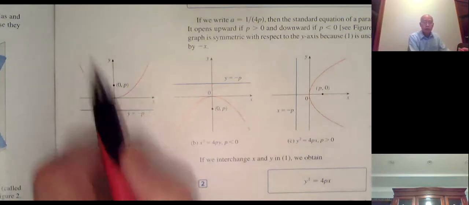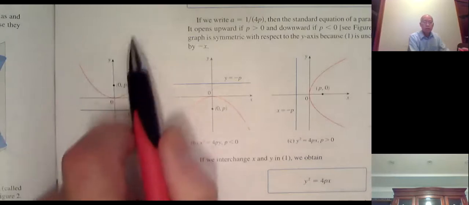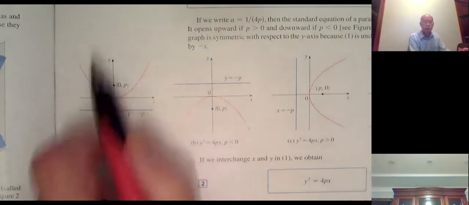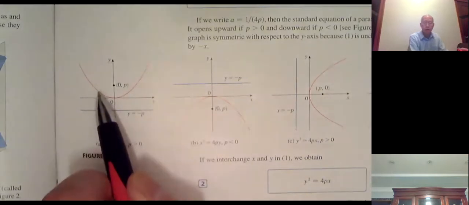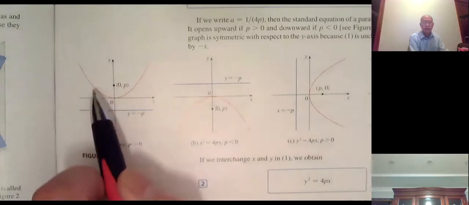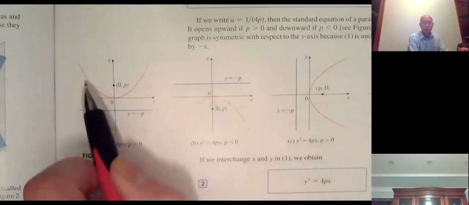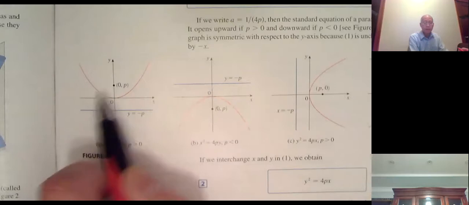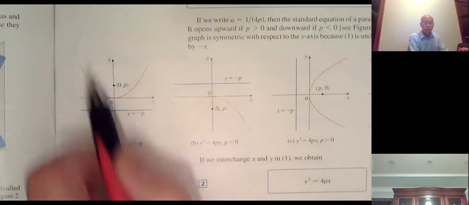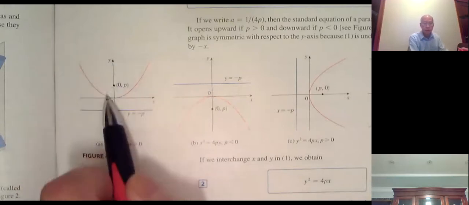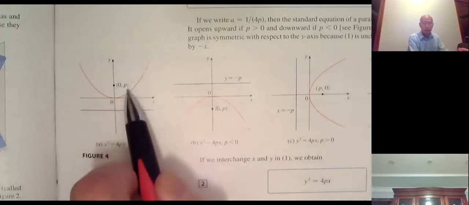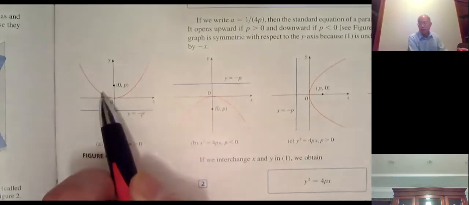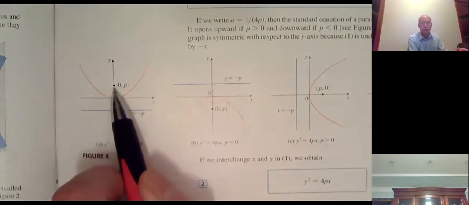Turns out if you take parallel rays, if you draw a whole bunch of vertical lines coming straight down and they bounce off the parabola, and the property in physics that the angle of incidence is equal to the angle of reflection, so if you bounce these off, they all go through the focus. If you come straight down there, it bounces to the focus, which is the reason why it's called the focus. So it'll all focus over here.